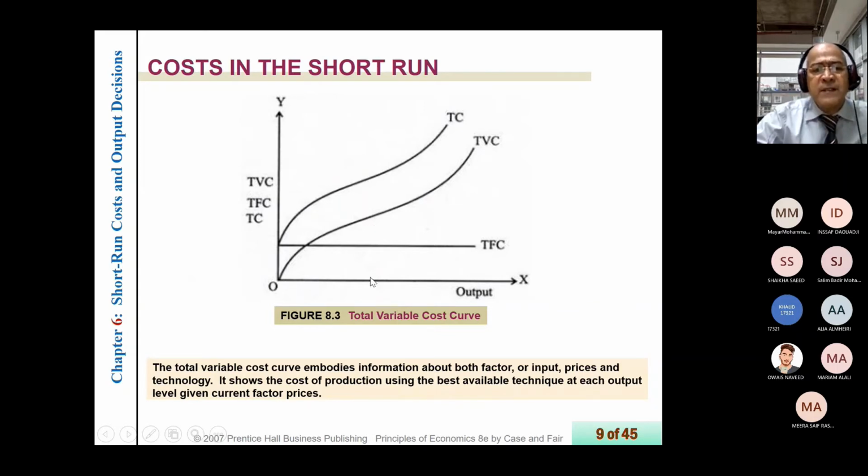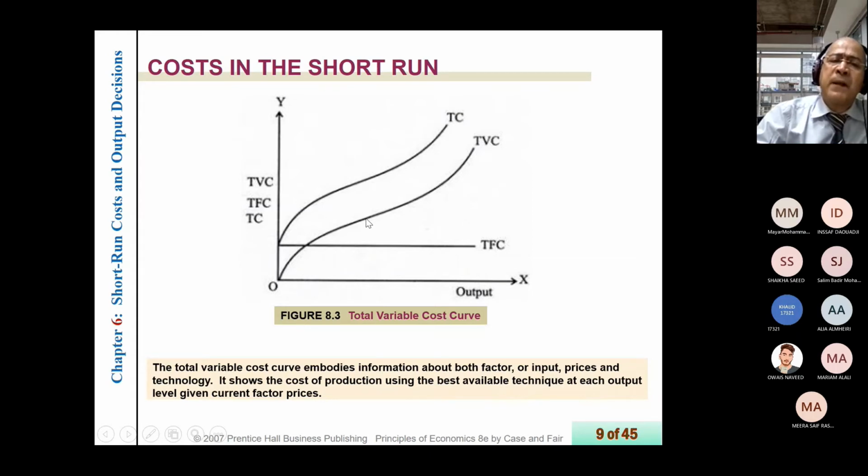In the first stage of production, as output increases by an additional unit, total variable cost increases at a decreasing rate. Why? Because of specialization and division of labor.